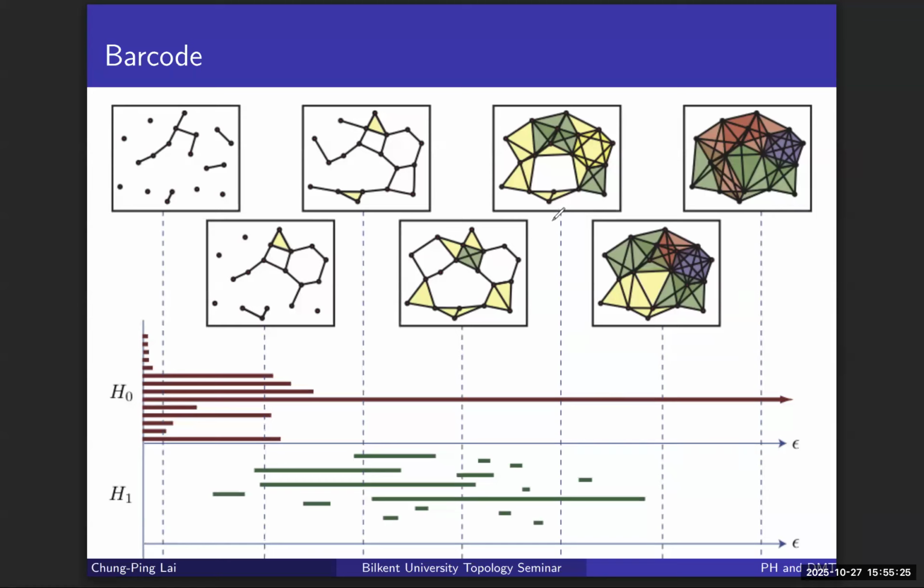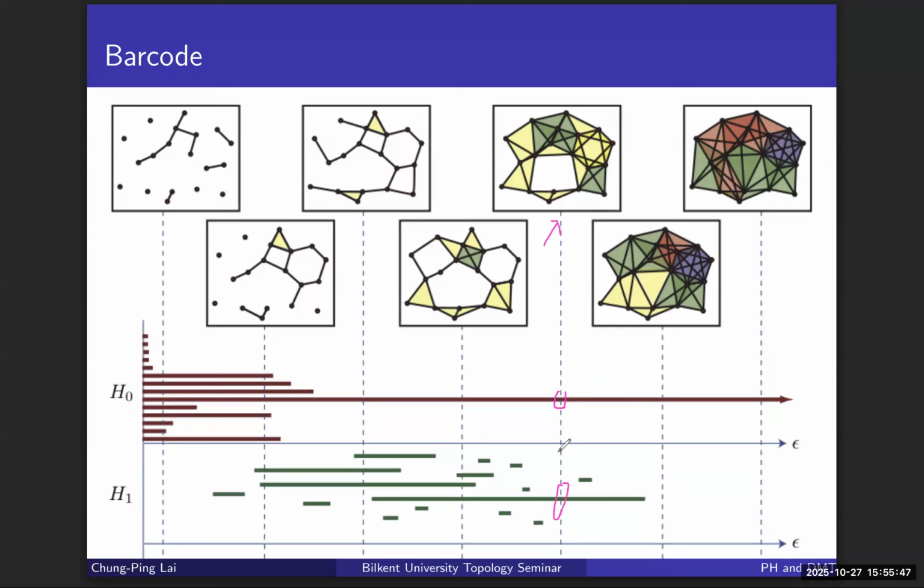At the very end, let's look at two more frames. If we look at this frame, now all the vertices are connected. So there is one H0 component left, and there is also a big square here that is not merged.